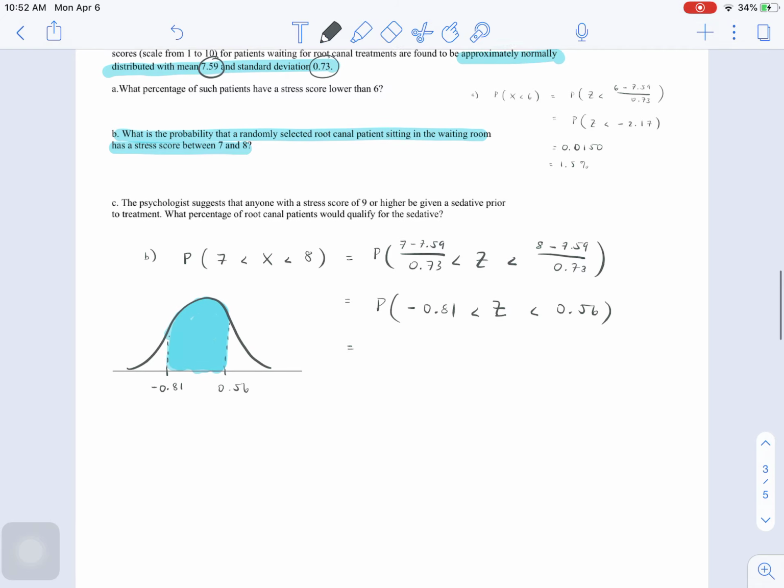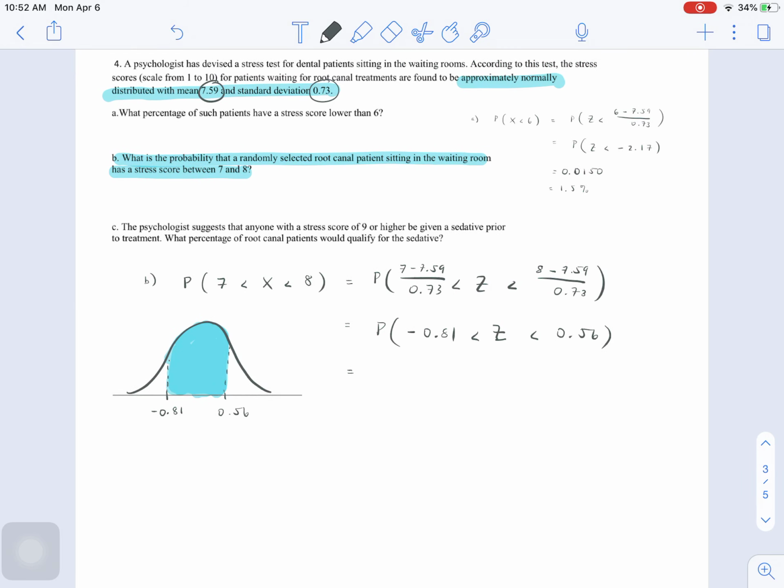So if I find the area corresponding to z equals 0.56, it'll give me all of this area to the left. I just want the shaded area, so I'm going to subtract out the portion I don't want, which is the area to the left of negative 0.81. So this is equal to the area to the left of 0.56 minus the area to the left of negative 0.81.